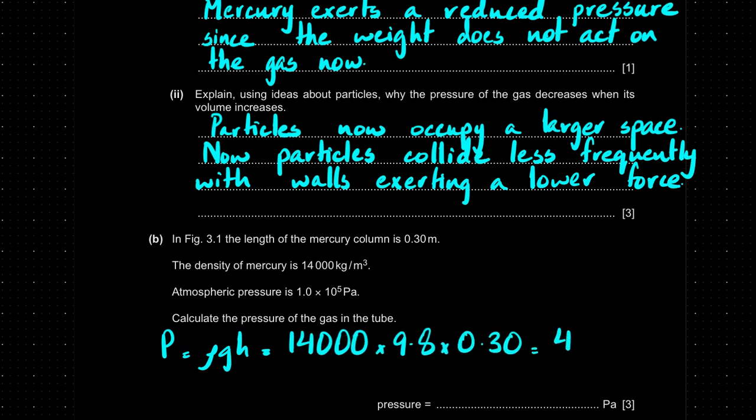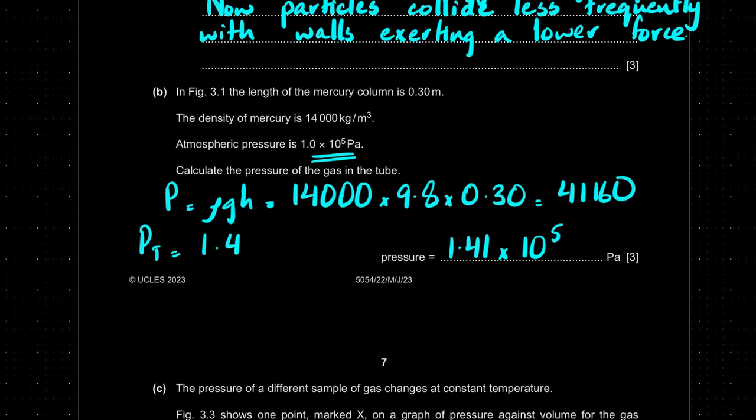So this is exactly 41,160. You are also given the atmospheric pressure, so you can just add this now. So the total pressure with the atmospheric pressure added is 1.411, or you can say 1.41 × 10^5 pascals, or to 2 SF, 1.4 × 10^5.